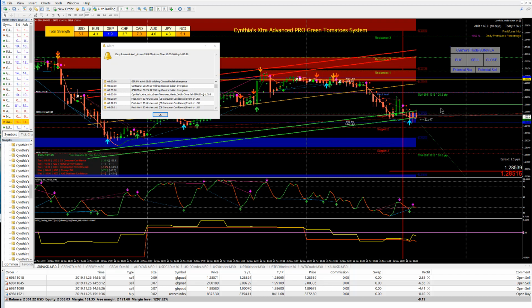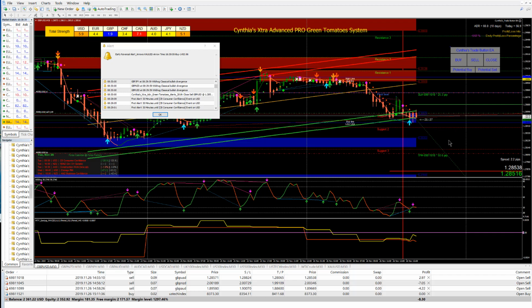Right now it looks like price is going in the right direction, so I'll just leave it alone. But when the red news event hits, if the trade manager has not already booked half of my trade and moved this stop loss down to break even, then I'll definitely exit my trade if it goes against me.